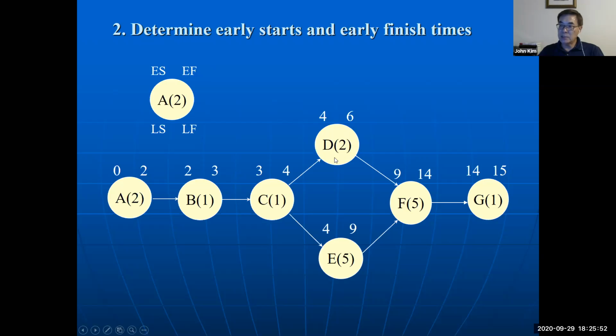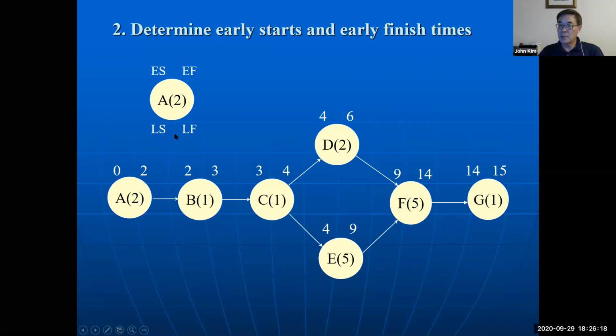Activity D finishes in week 6, but the other one is still working, so wait until activity E finishes, then F can start. So the starting point is 9 and finish 14, then 14 and 15. So those are the early start time and early finish time.